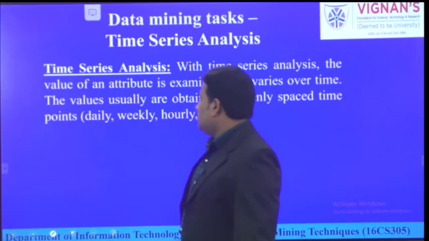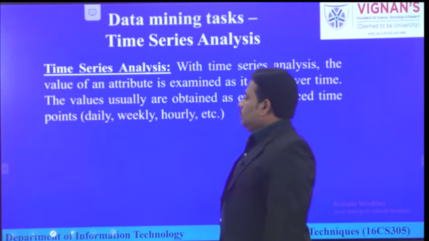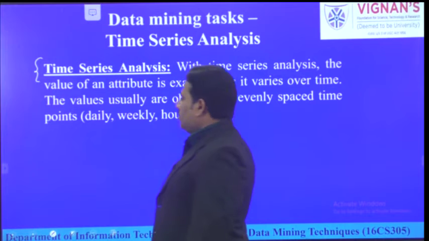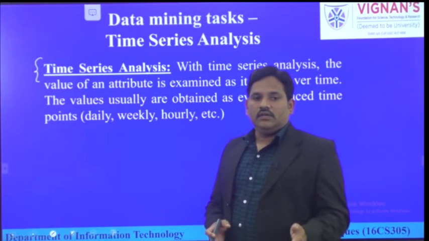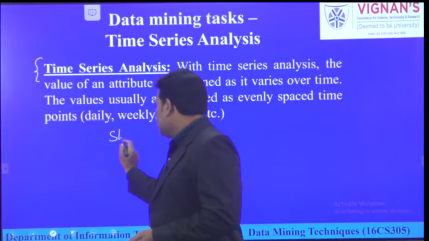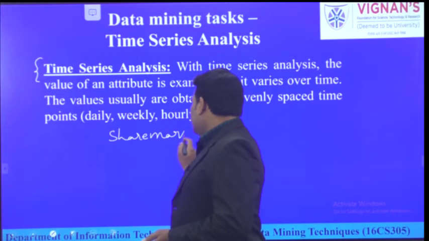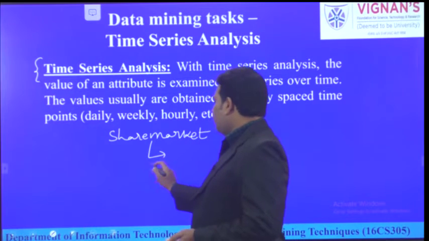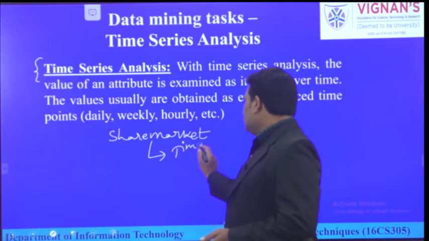Another type of application is time series analysis. Now here there are some real-time applications where the values of the data will vary based on the time. The best example is the share market. Whenever we want to predict the share price of a particular company, the share value of the company will vary based on the time only.